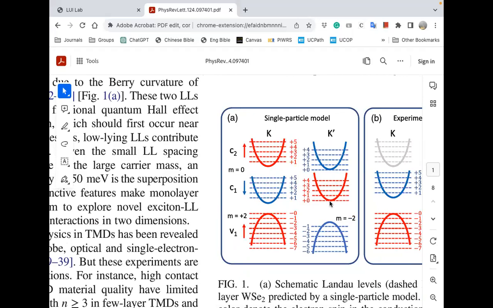And then the valence band starts from -1. But in the other valley, that zero Landau level goes to the valence band, and then this starts from 1. I think you can obtain something like that if you go back to revisit the Hamiltonian. You add the massive term, add the valley index, and you just solve the Hamiltonian.